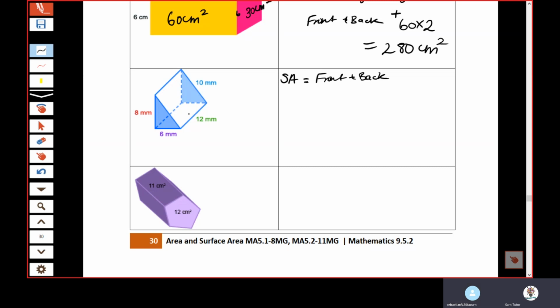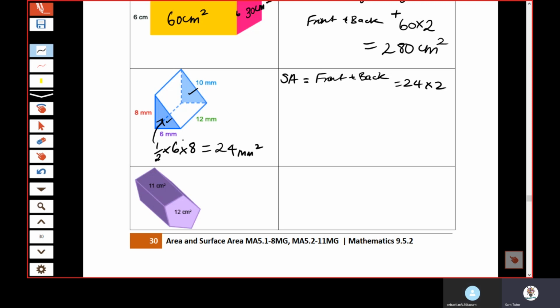Triangle. So you've got to use your formula for a triangle, which is half times base times height. So now you know the front and back must be 24 times 2, because the front and the back are the same. So that's done.